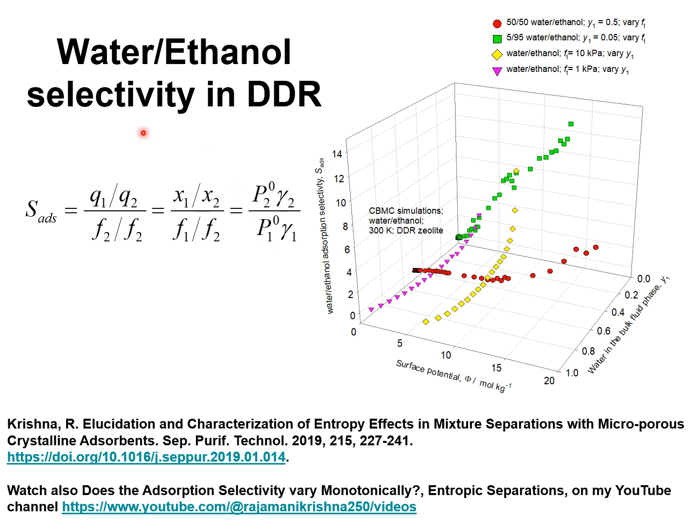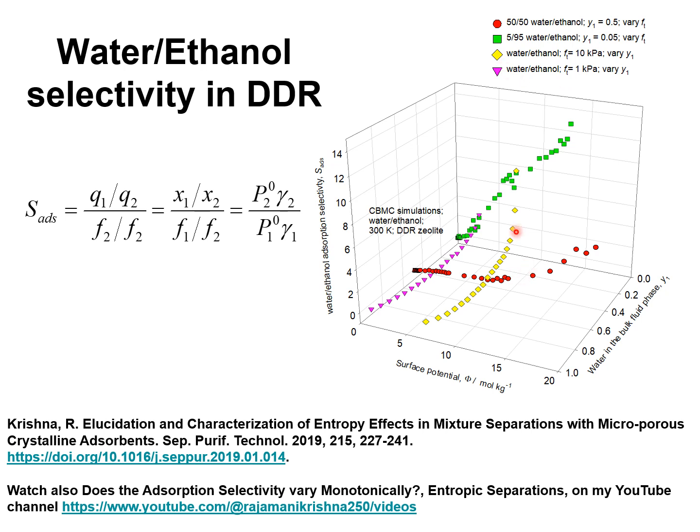For a water ethanol mixture adsorption in DDR, configurational Bias Monte Carlo simulations were carried out for 4 different campaigns, 50-50 mixtures of water and ethanol in which the total fugacities varied from small values up to 1 megapascal, and 95-5 mixtures in which the fugacities varied up to 1 megapascal.